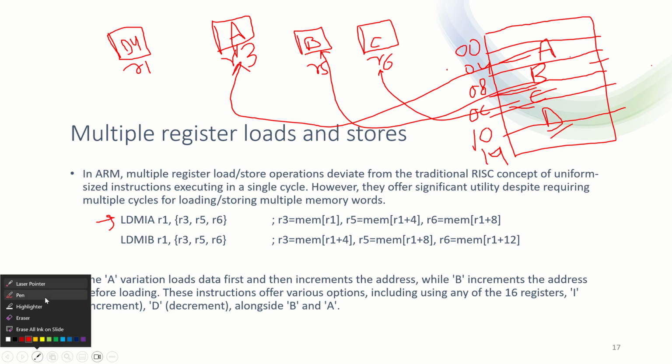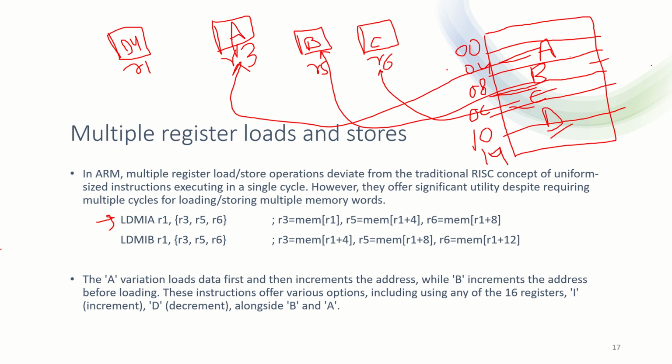Suppose this was in a sequence like R3, R4, R5. Then we can also write like this: R3 dash R5. What does this mean?